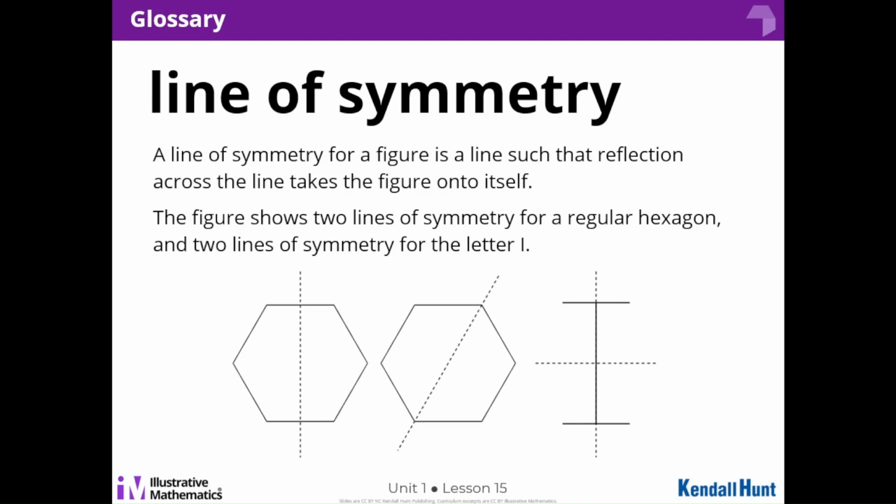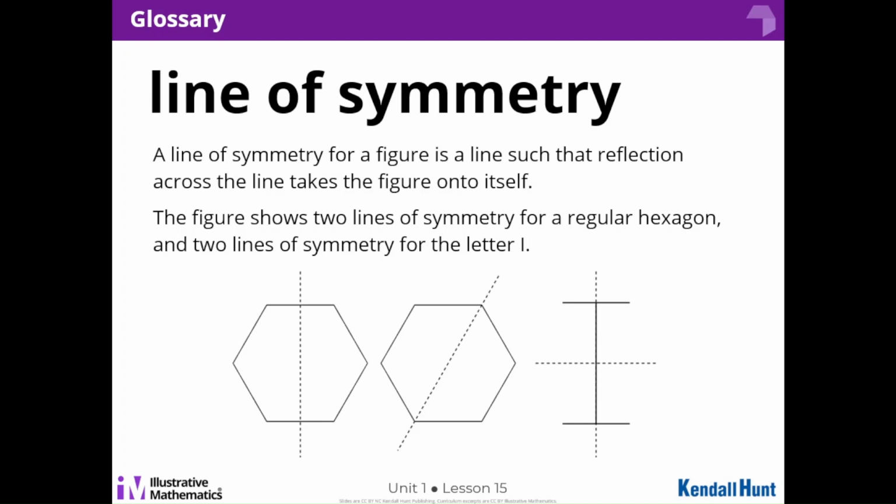A new one that we're concentrating on in this lesson today is line of symmetry. A line of symmetry simply means I can draw this imaginary line through a shape, and if I folded that shape along that line of symmetry, both sides would match up.